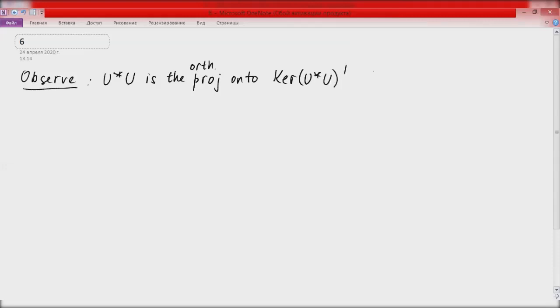And by lemma 1, this is the orthogonal complement of the kernel of U. And the orthogonal complement of the kernel of U by construction is the closure of the image of the modulus of T.